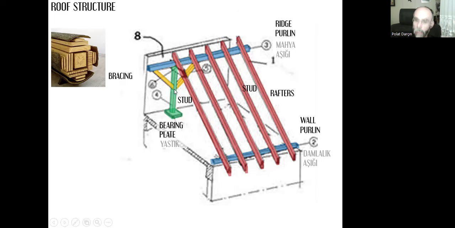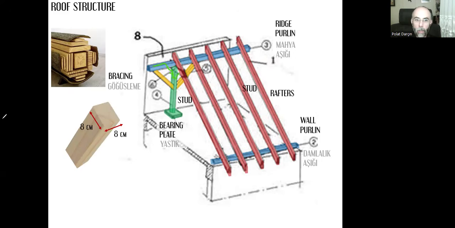These are called bracings, göğüsleme in Turkish. These have square sections. They are inclined, and we can prefer 8 centimeters by 8 centimeters. They will just help the load transfer. The loads of all these rafters can be transferred.